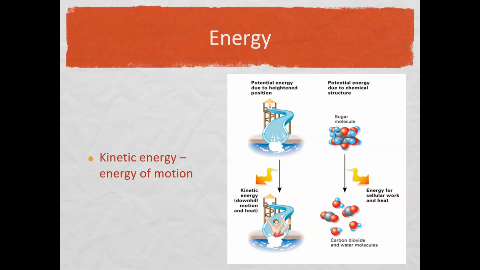So when we talked about endothermic and exothermic reactions, that's really how much potential energy do I have stored in the molecules in my reactants to start the chemical reaction, and then how much kinetic energy do I get back out once the chemical reaction finishes. In an exothermic reaction, I get a lot of kinetic energy out on the back end. I get a lot of energy to go use somewhere. In an endothermic one, I actually have a really high potential energy and not a lot of kinetic coming out when those bonds get broken. That's why we needed those enzymes to help speed up those chemical reactions.